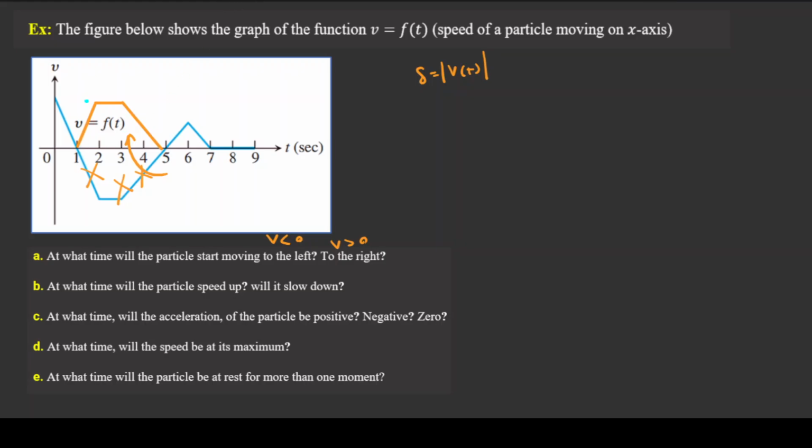The particle speeds up from 1 to 2, also from 5 to 6, right? From 1 to 2 and also 5 to 6. Guys, when velocity increases it doesn't mean speed will increase, and when velocity decreases it doesn't mean speed will slow down.